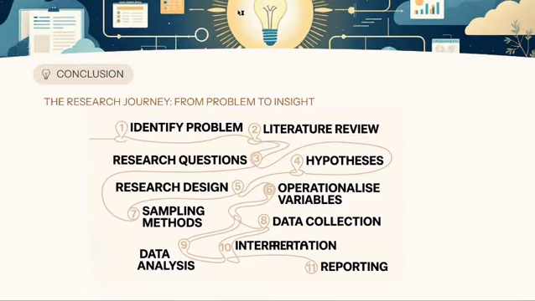To summarize, we started by identifying a problem. That's step one. We reviewed literature, formed research questions and hypotheses, designed our study, operationalized our variables, chose our sampling method, collected data, analyzed it, interpreted the results, and reported our findings. 11 full steps.